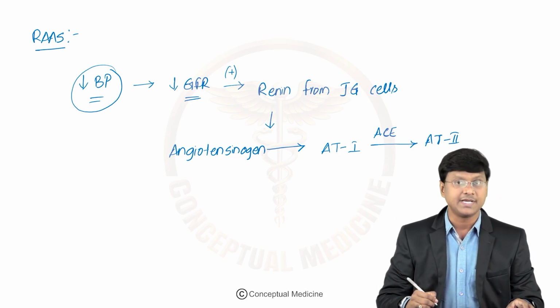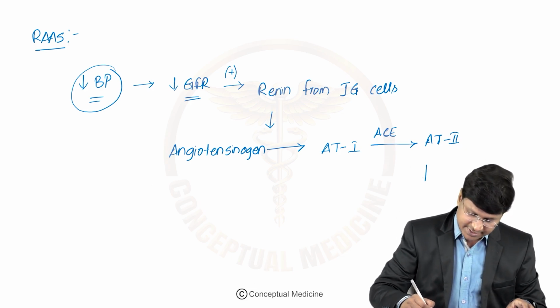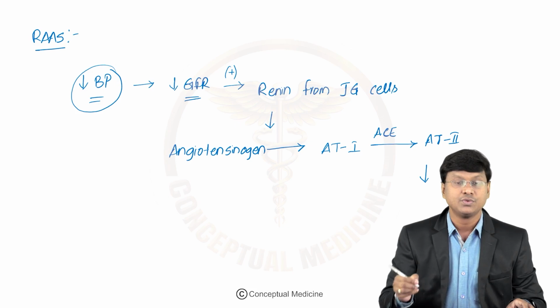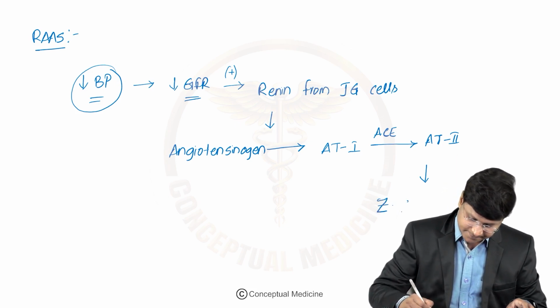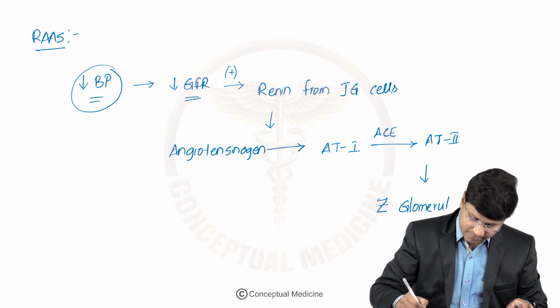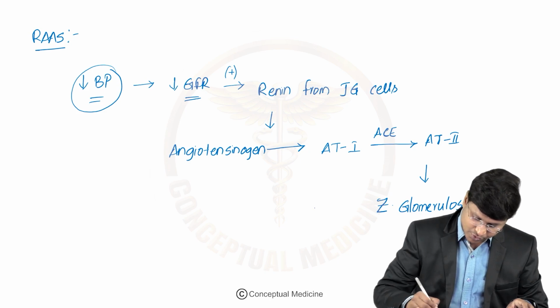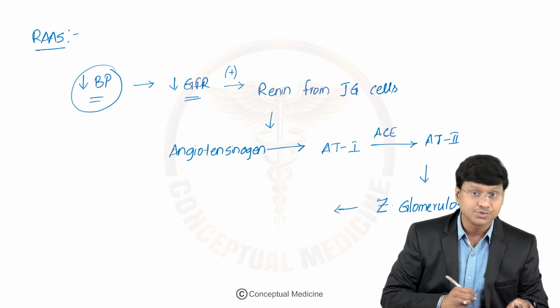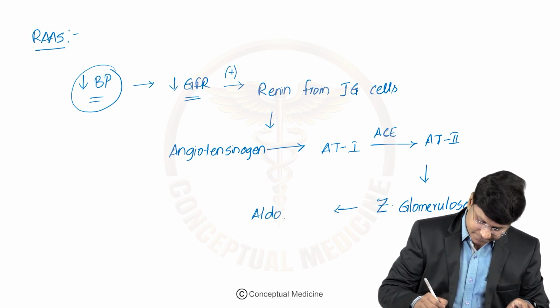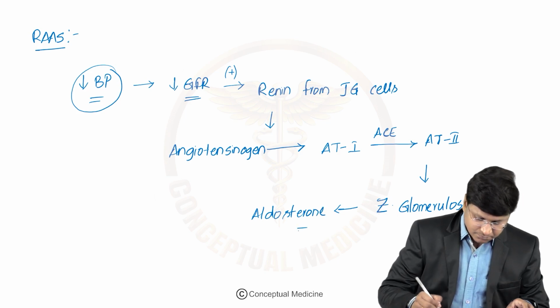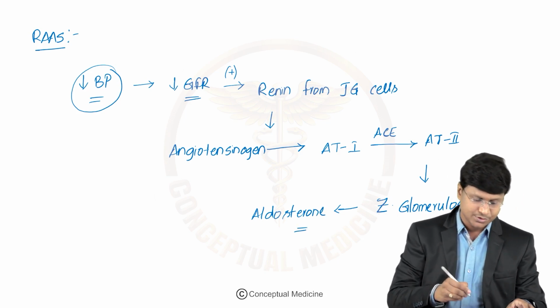Now this angiotensin 2 will act on zona glomerulosa to produce aldosterone.